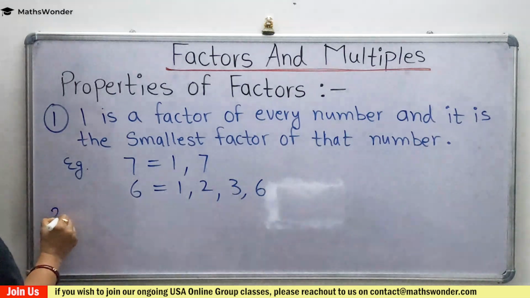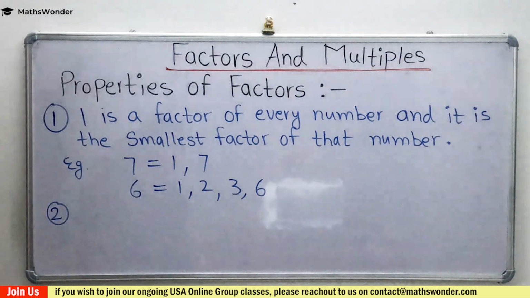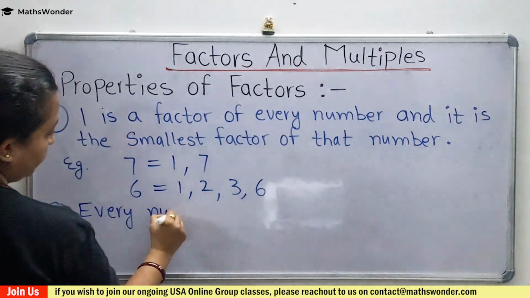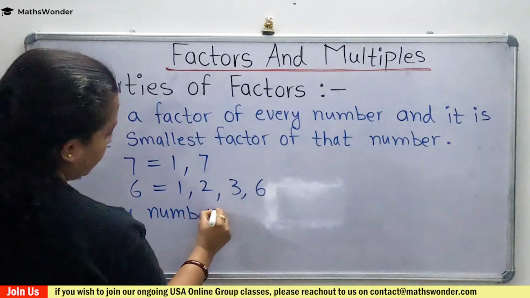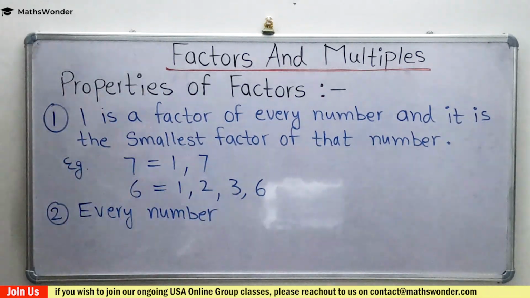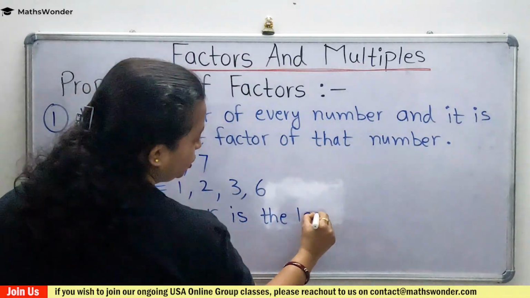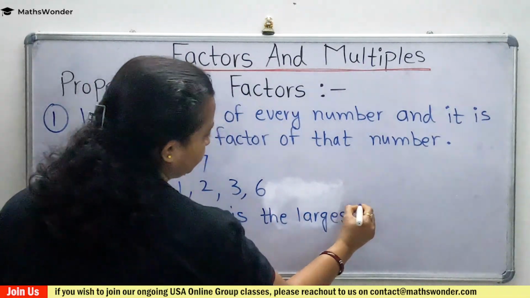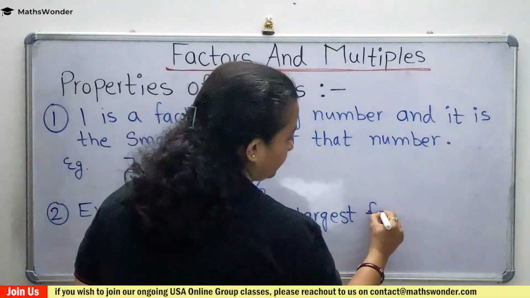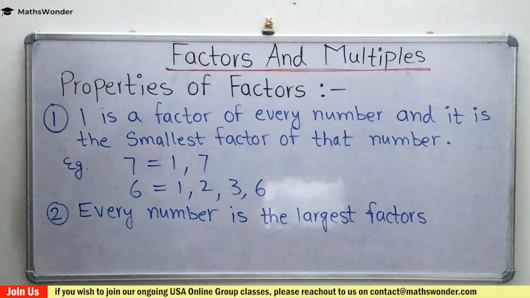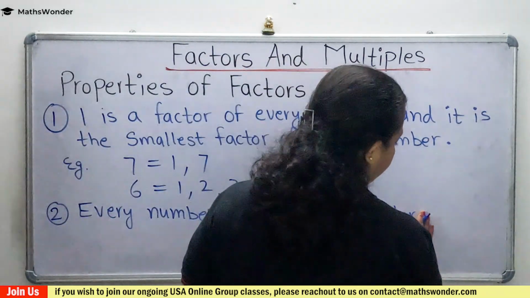Second is every number is the largest factor of itself. How? Every number is the largest factor of itself.